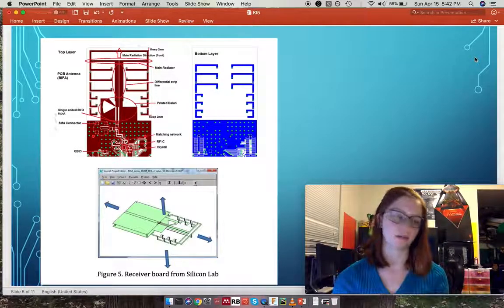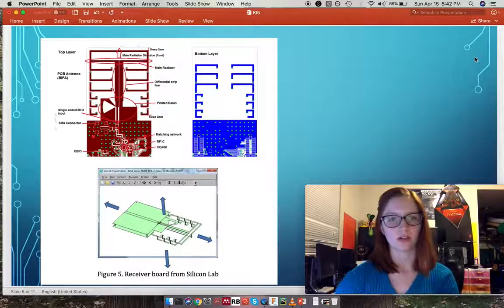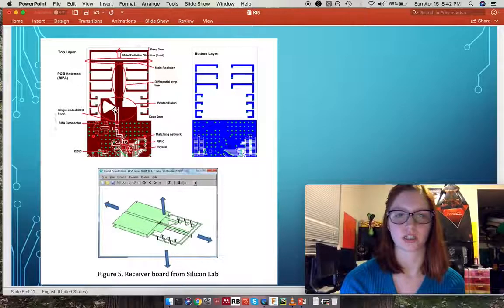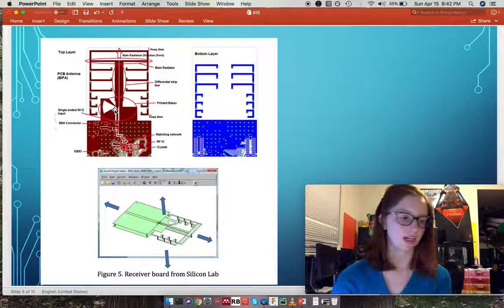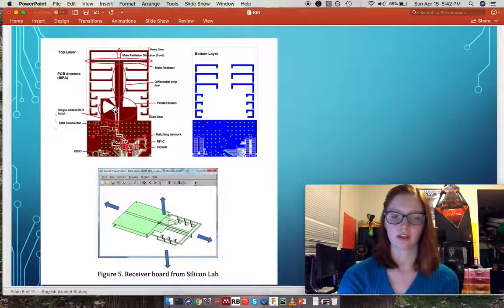So it's wrapped up a bunch to save space. You can see here in the middle, one of the important components is the balun, which is balanced, unbalanced. Here it balances the signal between the antenna and the receiver circuit.